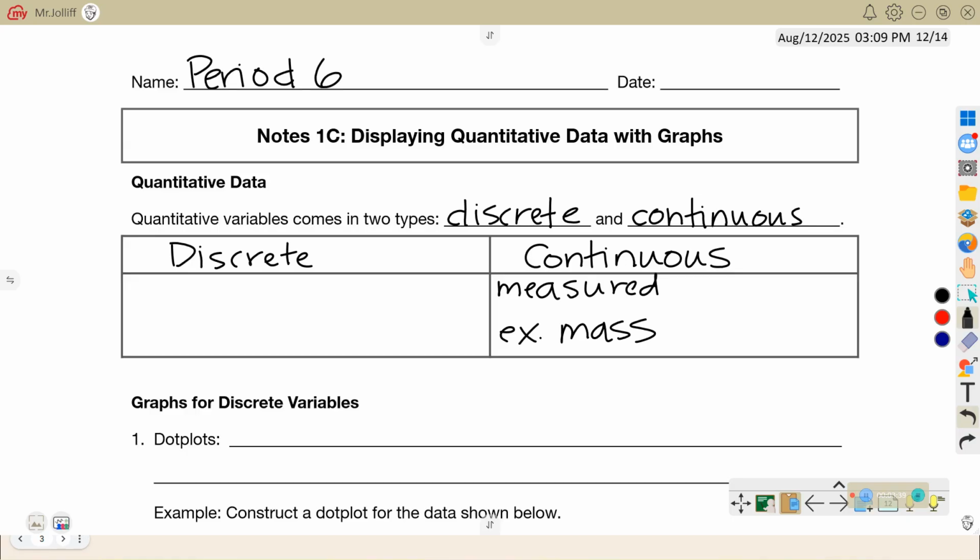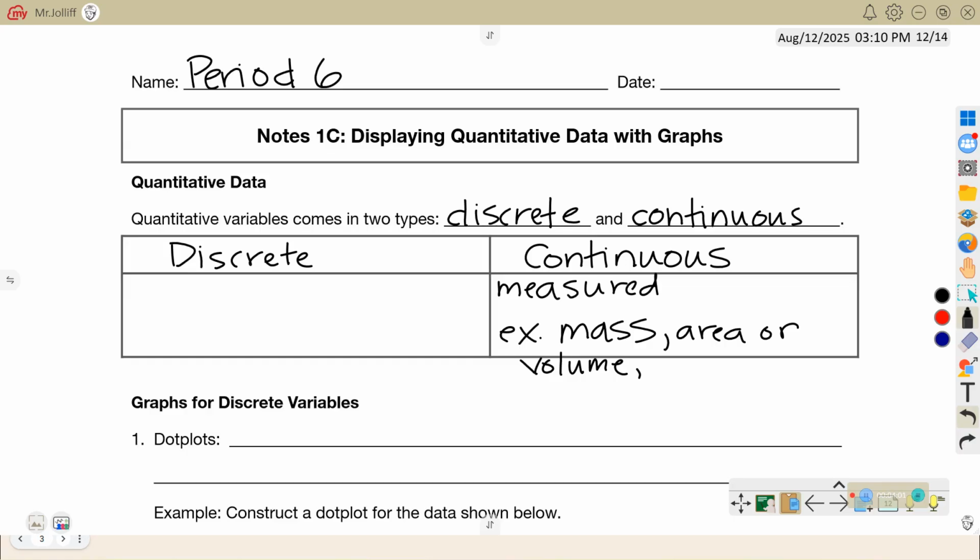Yeah, good. Chris, what did your table come up with? Space? So area or volume? Yeah, okay. Those are things we measure. Very good.